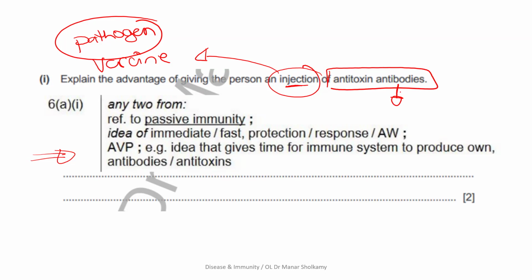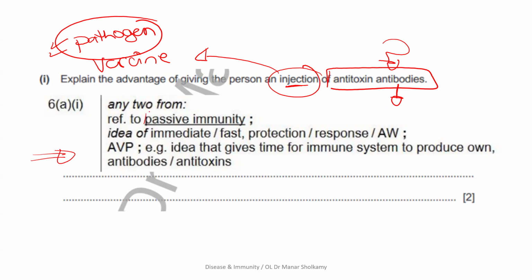So please read the question. If this injection contains ready-made antibodies, then this is artificial passive immunity, not natural, because natural will be from the mother. Very good. Breastfeeding. Exactly.